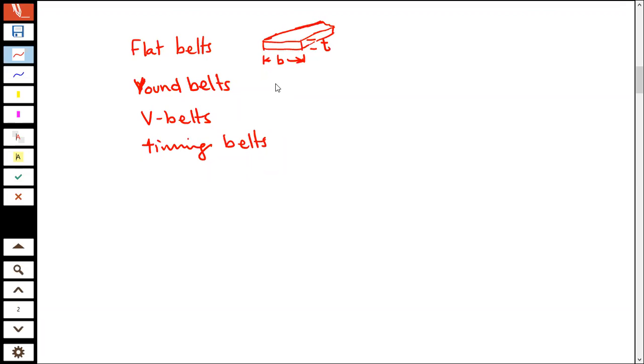So we get the flat belt and the round belt. The round belt again has a round cross section, and the diameter is basically the parameter that you have. So it's just a round belt.